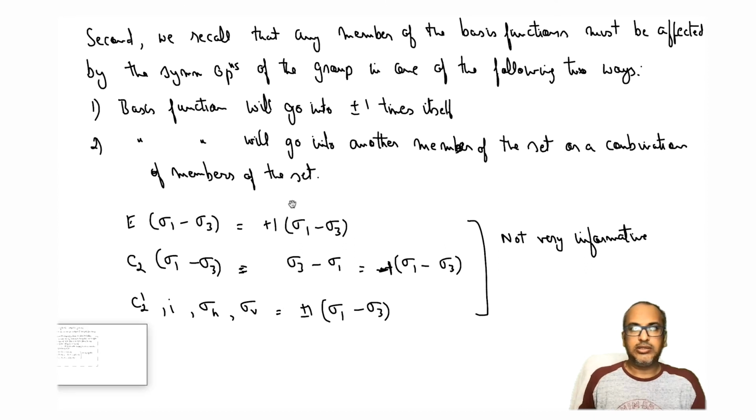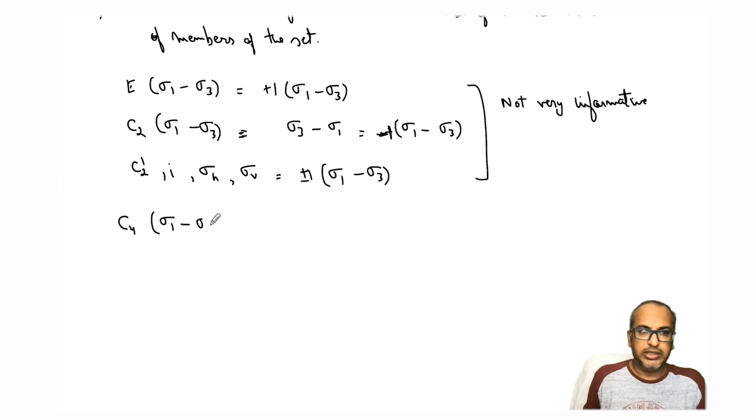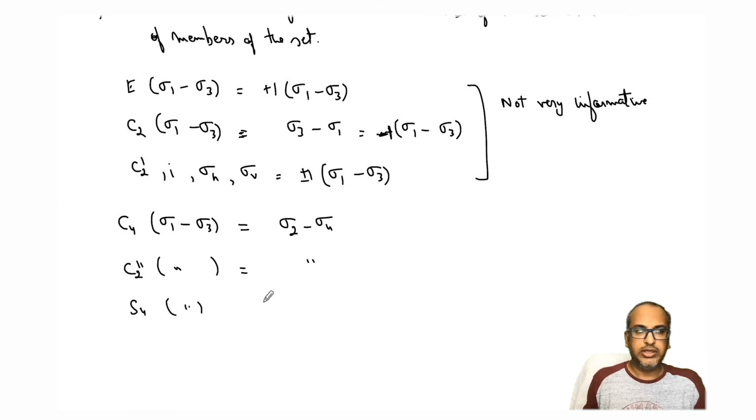Now let us see quickly. If we apply C4 onto sigma 1 minus sigma 3, what do we get? We will get sigma 2 minus sigma 4. Similarly, if you apply C2 double prime onto this, you will get sigma 2 minus sigma 4. Similarly, S4 onto this, you will get the same thing. And sigma d onto this, you'll get the same thing.